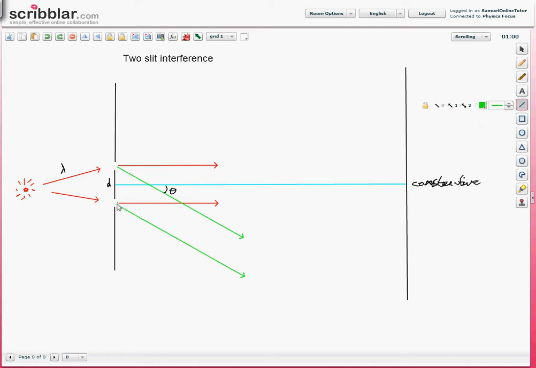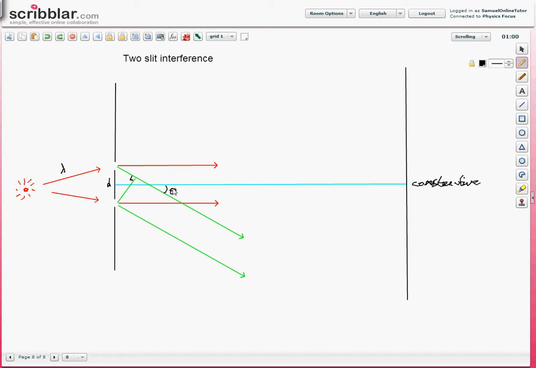How much further? Well, let's put a line across here in order to give us a right-angled triangle. At this point and this point, the two green lines have the same distance to travel. After that they're just running next to each other.